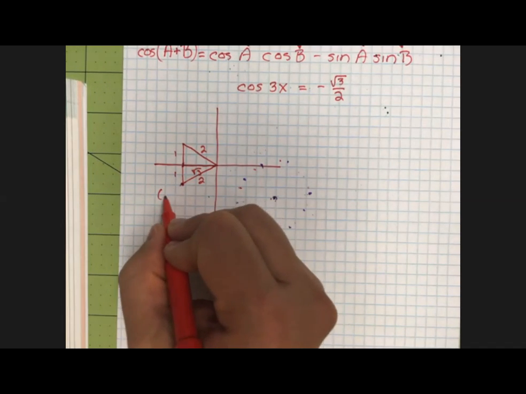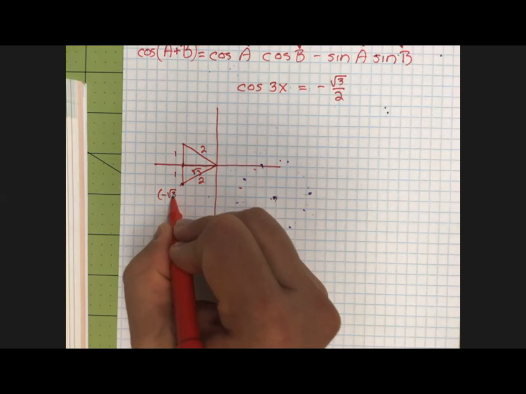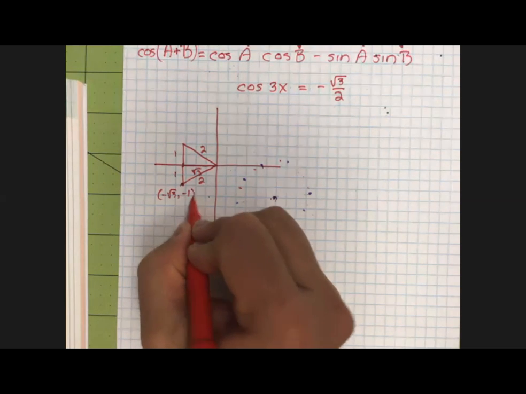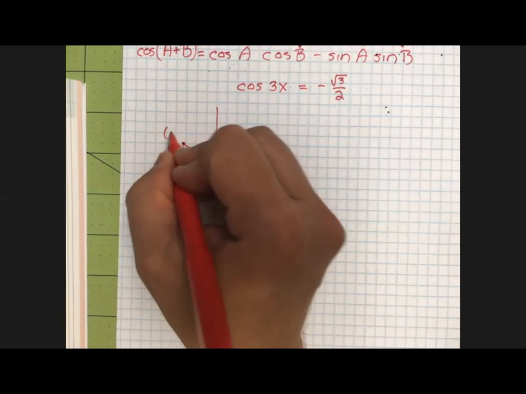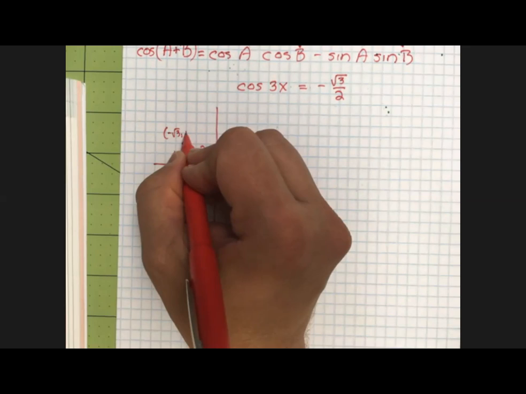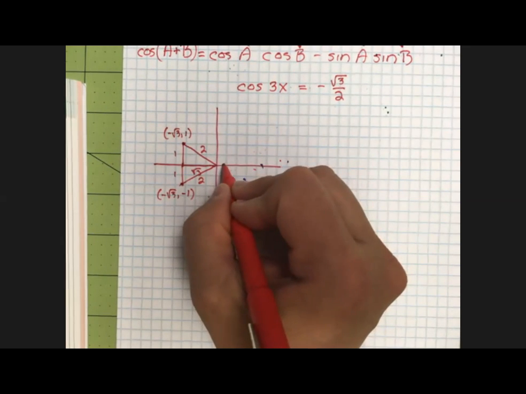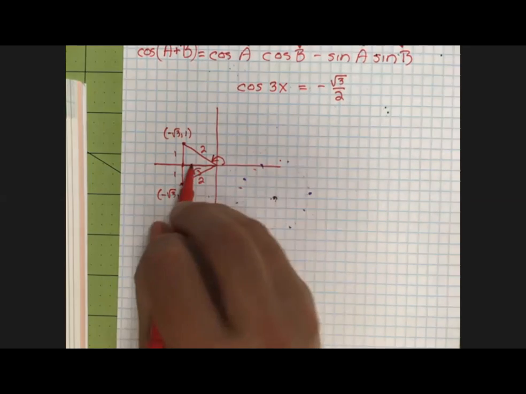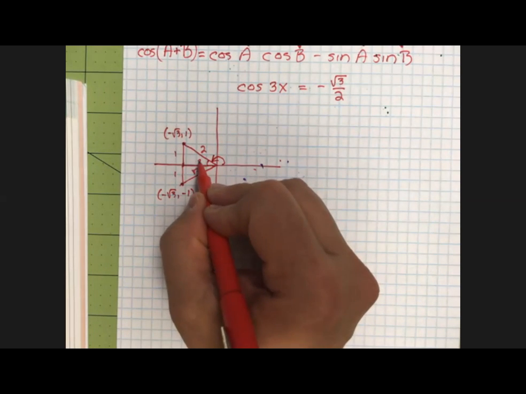The name of this point is minus root 3, 1. The name of this point is minus root 3, minus 1. So these two angles right here, this is the 30-degree angle right there.